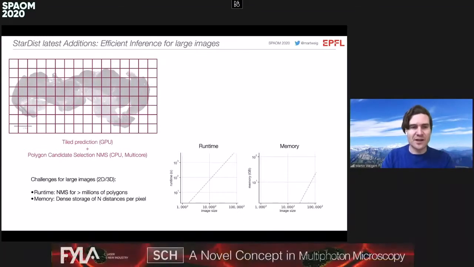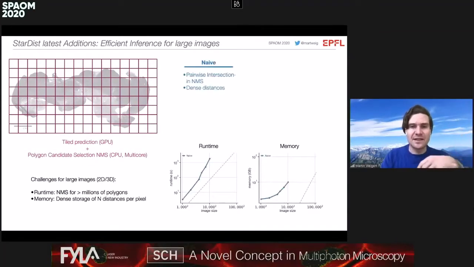The runtime, because you have to do NMS for all of those candidates, and memory because you need dense storage of n distances per pixel. And if you do it naively, so you just aggregate all of the different candidates, and then you do this non-maximum suppression, this disentangling on everything, and additionally predict dense instances, you get quite horrible runtimes and quite horrible memory.